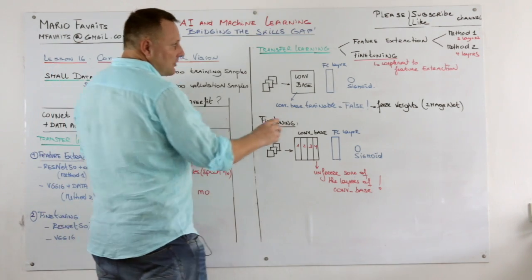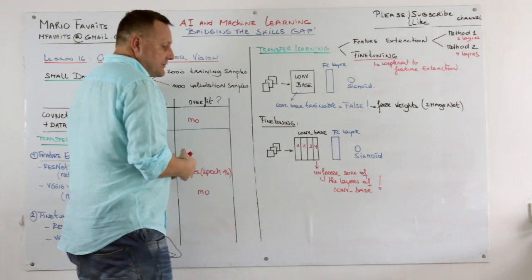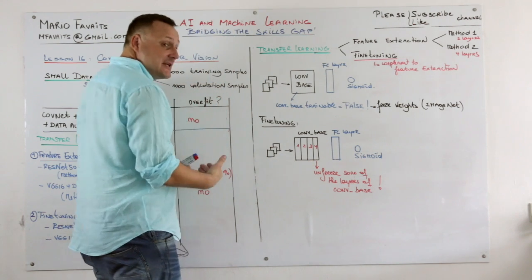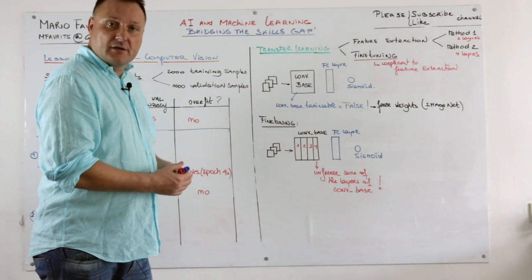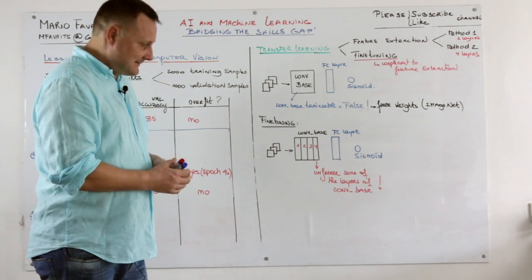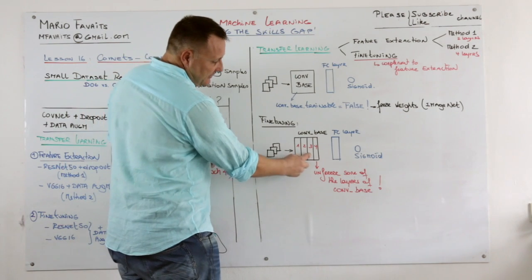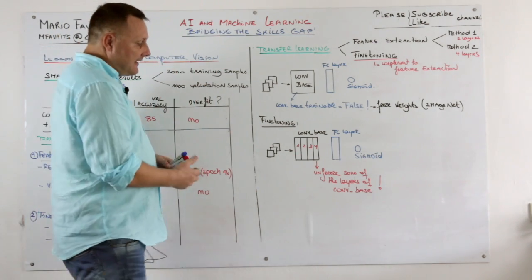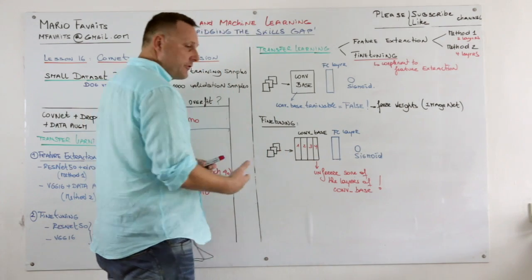Well, fine-tuning complements feature extraction, and basically what you do is you're going to unfreeze some of the layers of your convolutional base. For example, you could keep the first 3 convolutional layers, and you could unfreeze the 4th one.